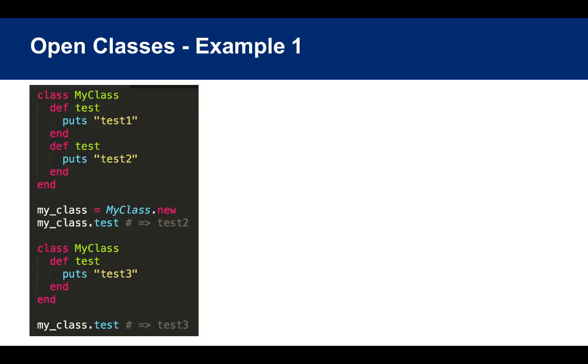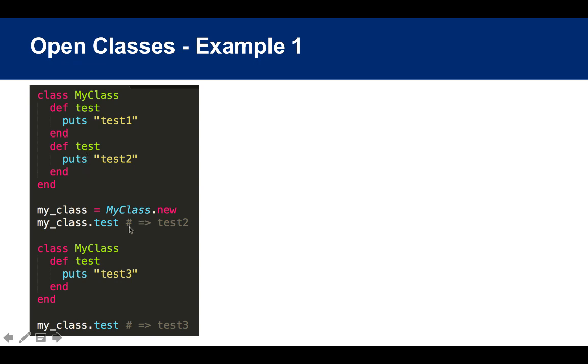So for example, you have a class called myClass that has a method called test that outputs test1. And let's say in the same class, later on, you have another method that's called test that outputs test2. When you instantiate the myClass class, you get test2. The first method became completely gone because of the second definition with the same method name.